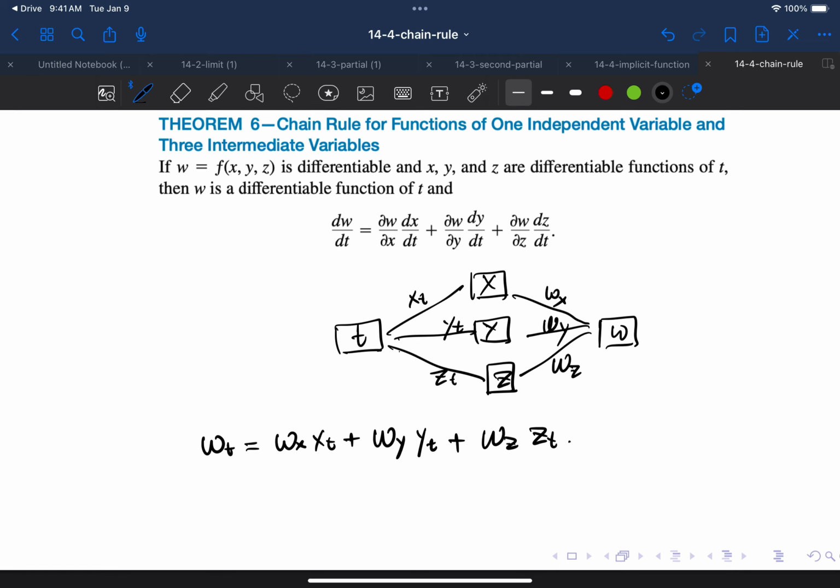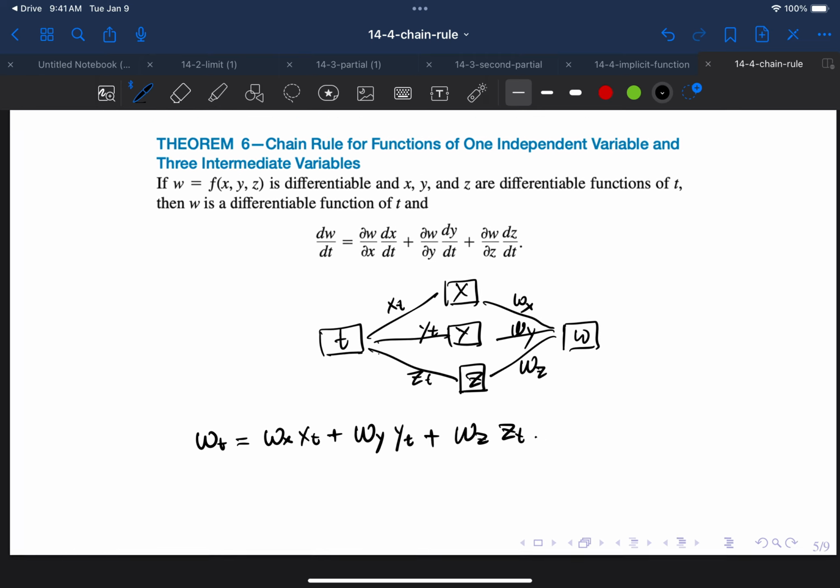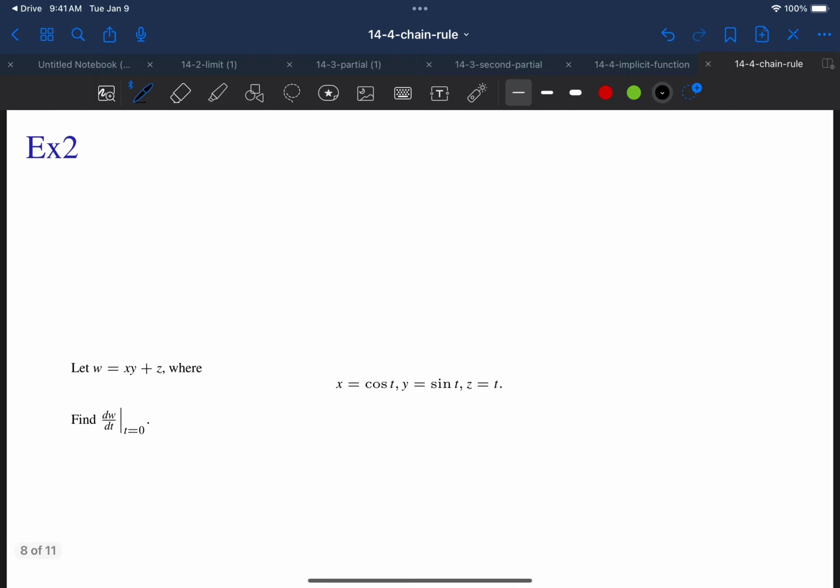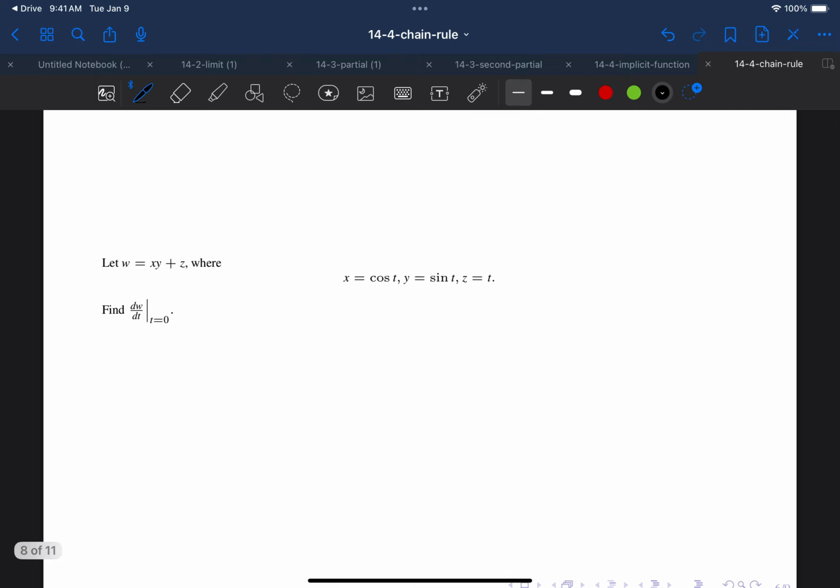Now we use this formula and try to solve the next example, which is example 2. So w here is given by x, y, z variables, and x, y, z are functions of t in different forms, and I want to find the derivative of w with respect to t at t equals 0.